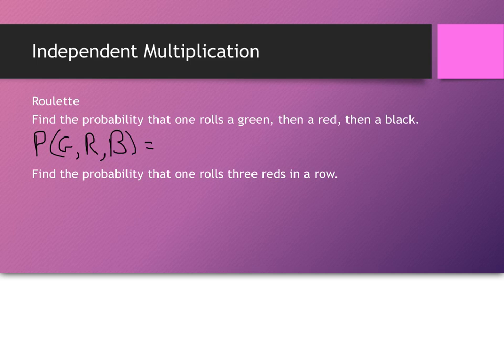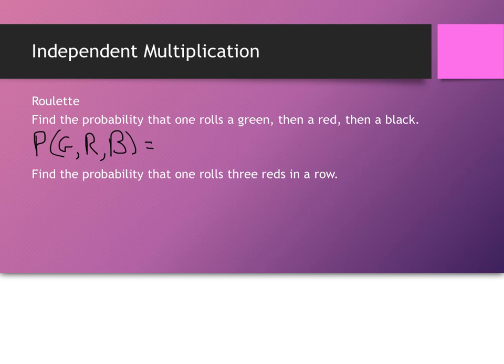Now I want you to notice that order is important. If I just said, what's the probability of rolling a green and a red, there's 2 options for that. There's red then green versus green then red. So I want you to understand that what we're doing here, we are very much depending on that the order comes green first, red second, black third.